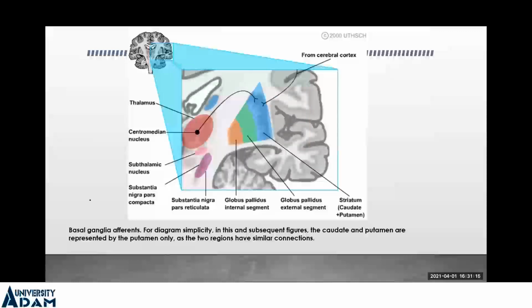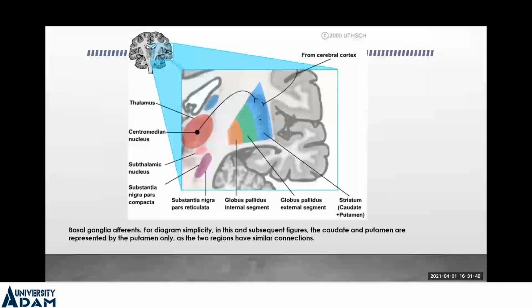So the striatum, guys, is the main recipient of afferents to the basal ganglia, okay? As you can see here, we have two pathways, from the cerebral cortex and from the central median nucleus, going to the putamen and caudate nucleus, okay, to the striatum.